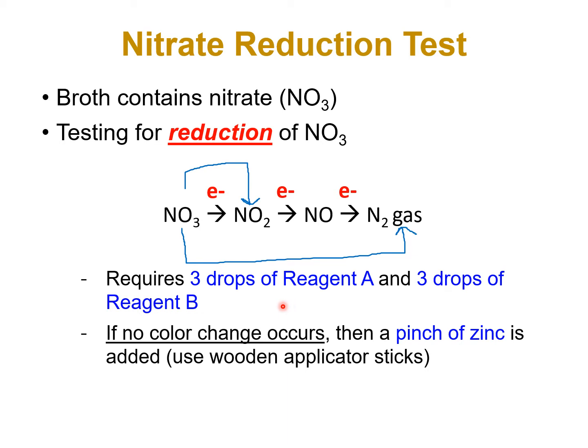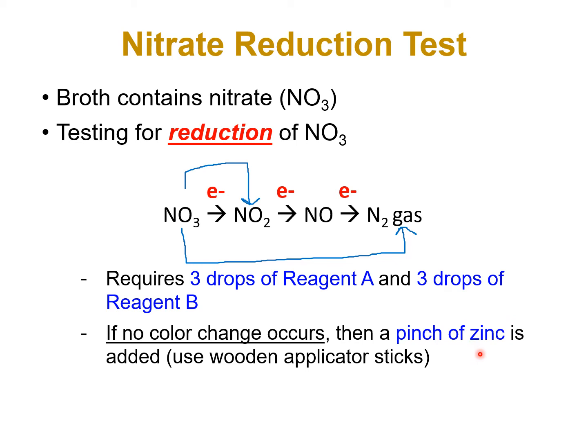Now, we're going to talk about the color changes that you get, and I'll show you images. But if, let's say, you added those 2 reagents and then nothing, you don't see anything, you still see that your broth is yellow and you don't see really any color change, then what you could do is add a pinch of powder zinc.